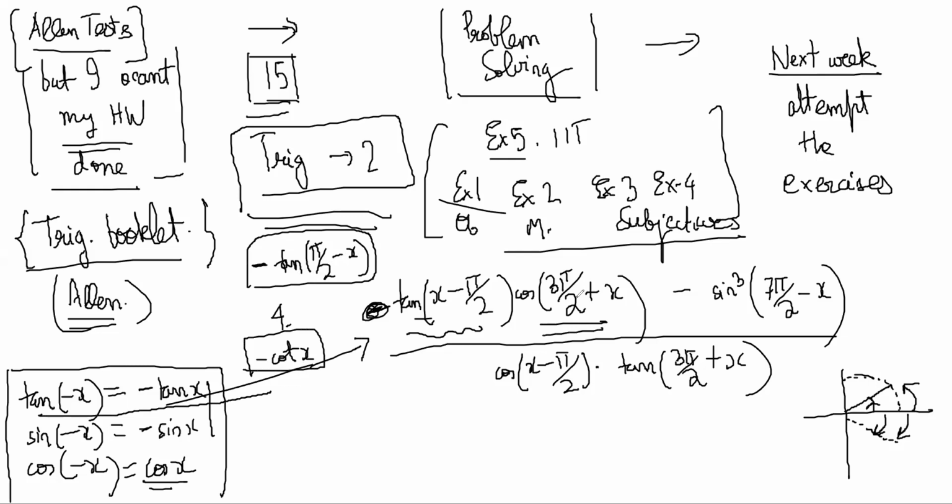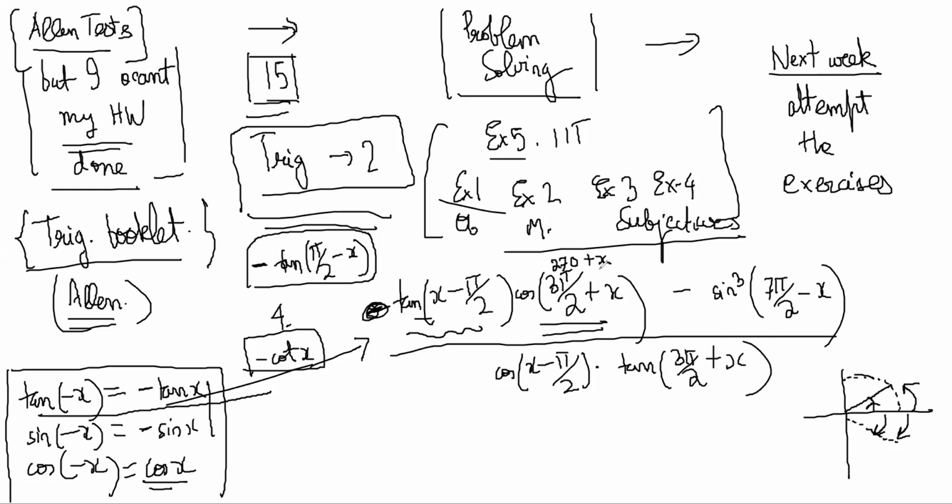This part, let's figure out. 3 pi by 2 plus x. It's 270 plus x, so that will be the fourth quadrant, right? In the fourth quadrant, cos will be positive. And the ratio will also change, no? Because it is an odd multiple of 90. The second rule that we learned last week was, if it is an odd multiple of 90, then you have to change cos to sine.